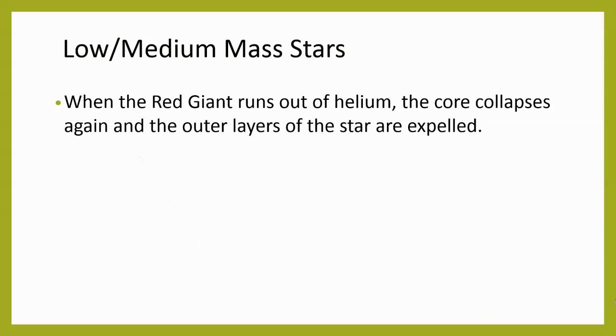Now, eventually, the red giant is going to run out of helium, just like the original star ran out of hydrogen. When this happens, again, the core collapses in on itself. This time, the outer layers of the star are expelled. They spread out, and the outer layers form a planetary nebula.